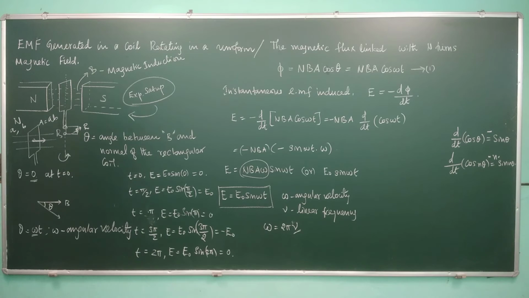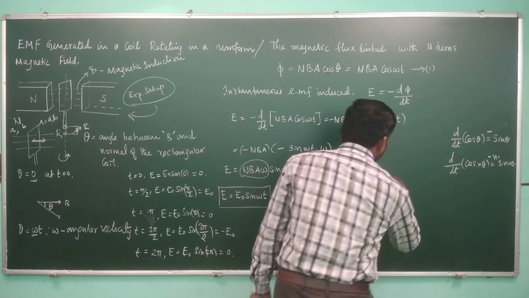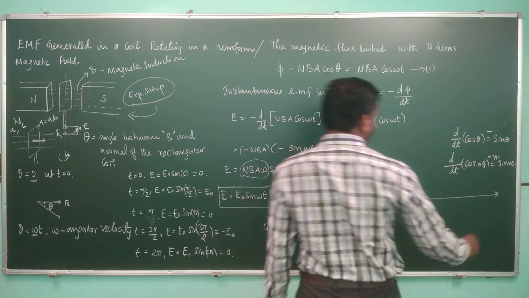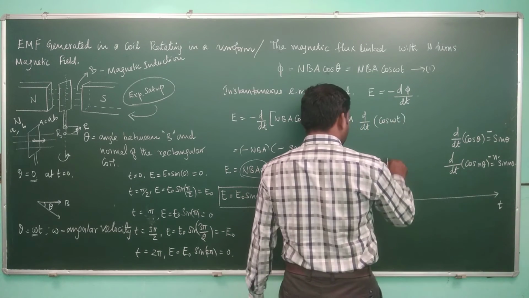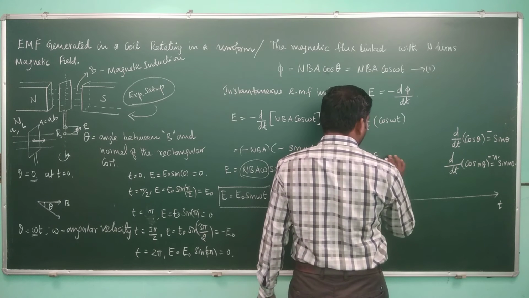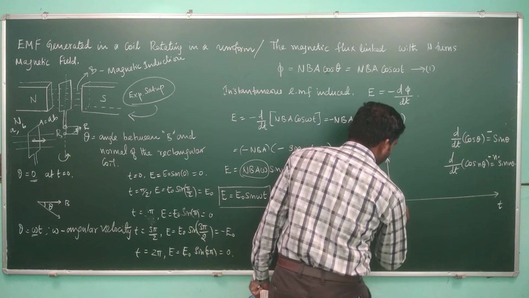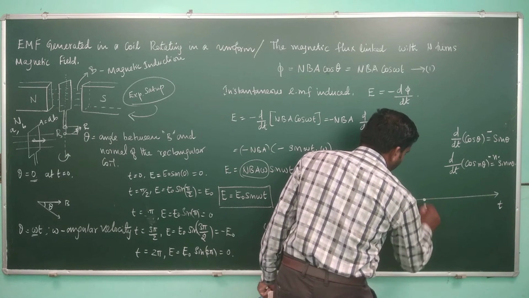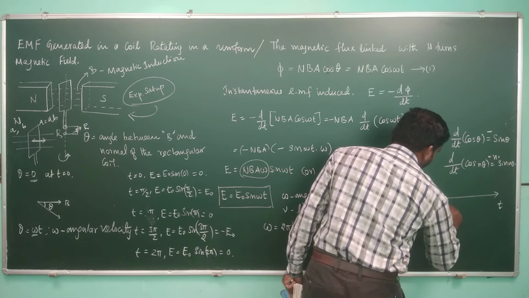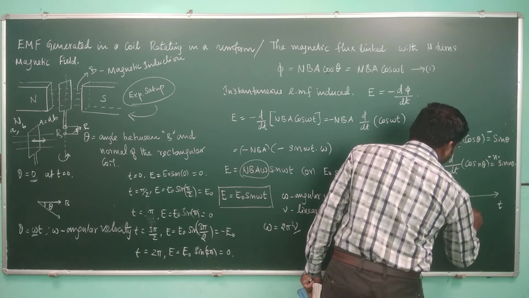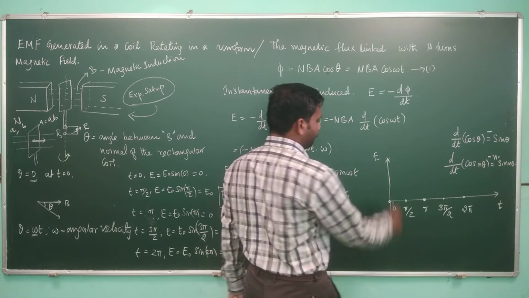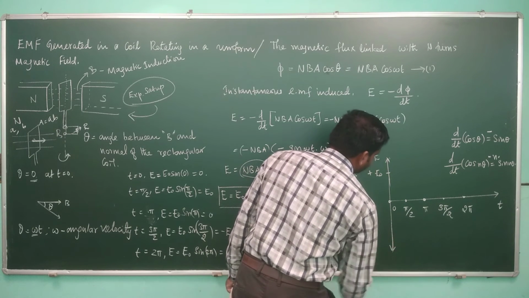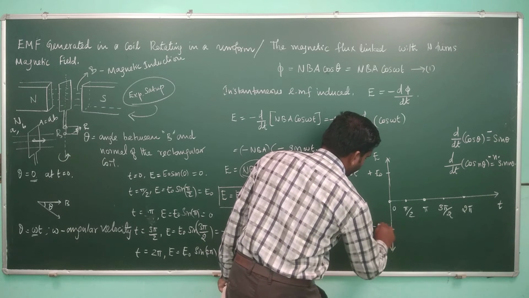Now if we draw a graph, with t on the x-axis and E on the y-axis, for 0, pi by 2, pi, 3 pi by 2, and 2 pi. Let's say this is plus E naught, at an equal height, and this is minus E naught.